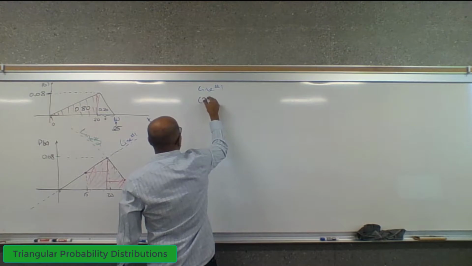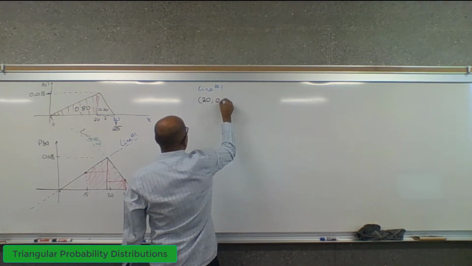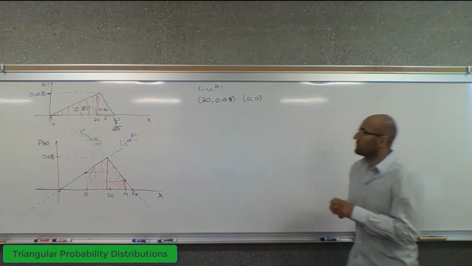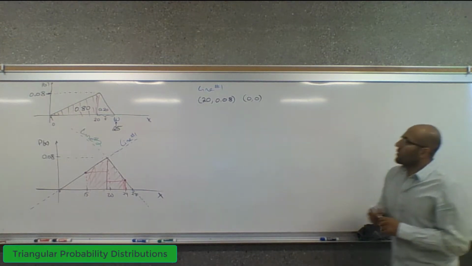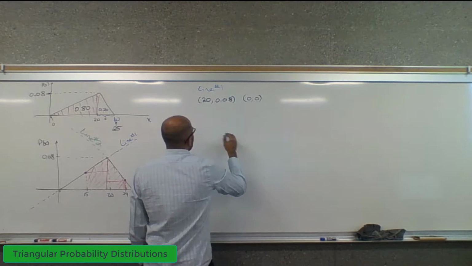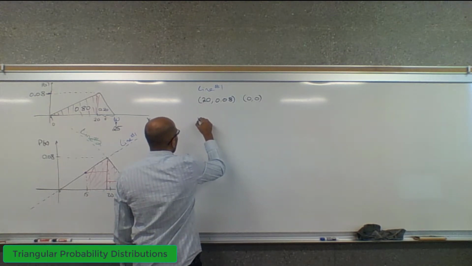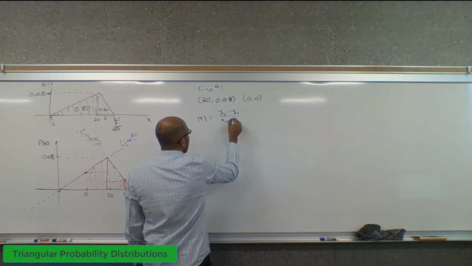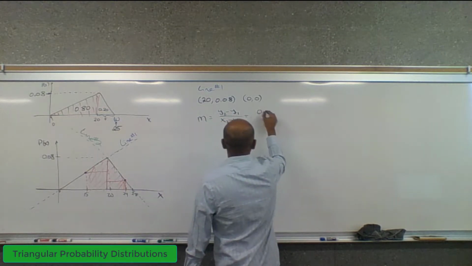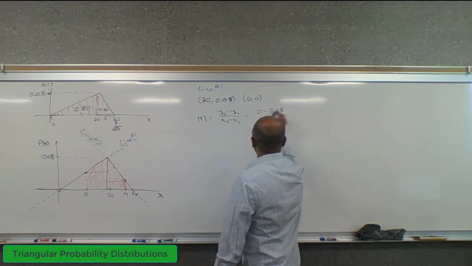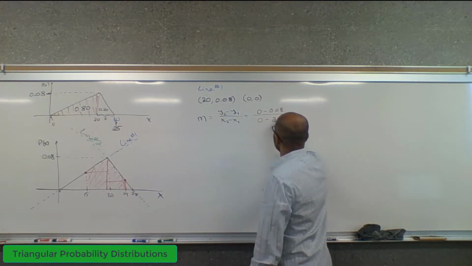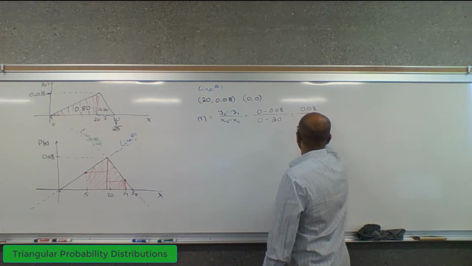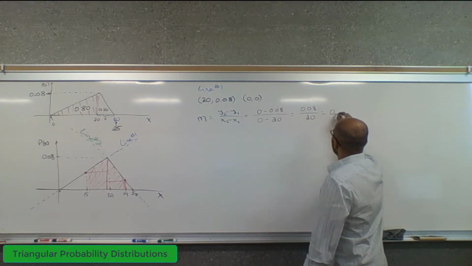We want to use the equation y equals mx plus b, and first find the slope: m is equal to y sub 2 minus y sub 1 over x sub 2 minus x sub 1. So this would be 0 minus 0.08 divided by 0 minus 20, which is 0.08 divided by 20. So that should be 0.40, I think.